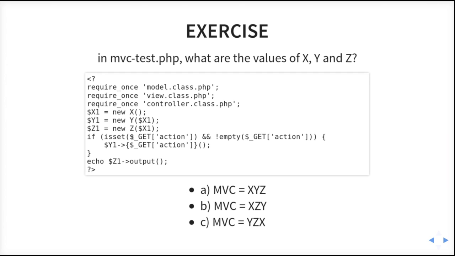So the superglobal array $_GET contains the key value pairs that are substituted in any URL from a GET request. Those values go into the GET array. And it's saying that if there is an action that's non-empty, then you invoke a method on Y, which is the chosen action, and then the Z is echoed using the output method of Z.